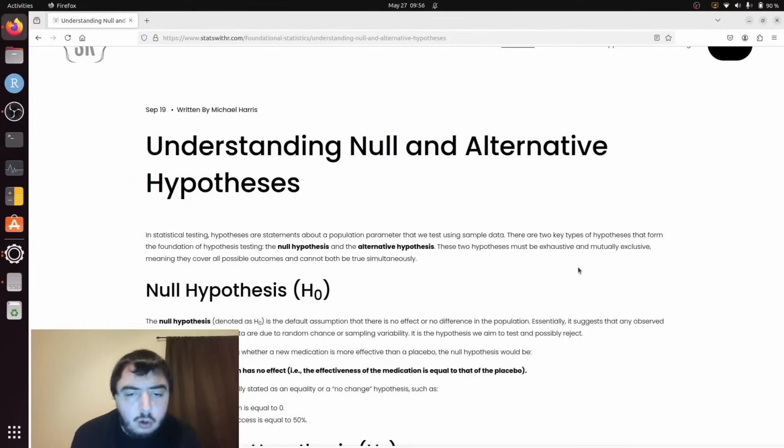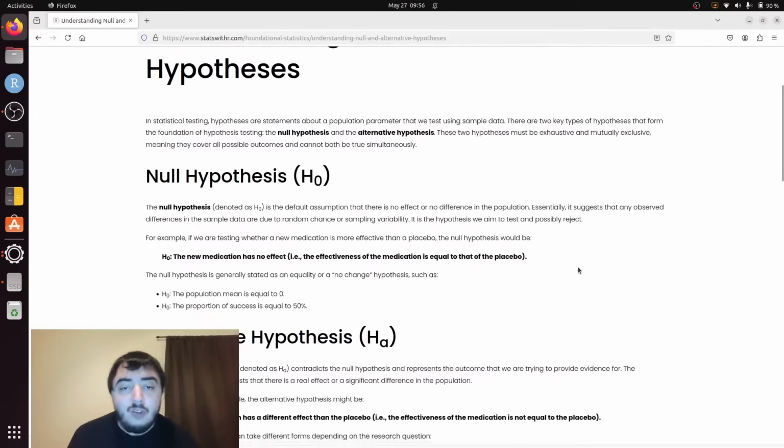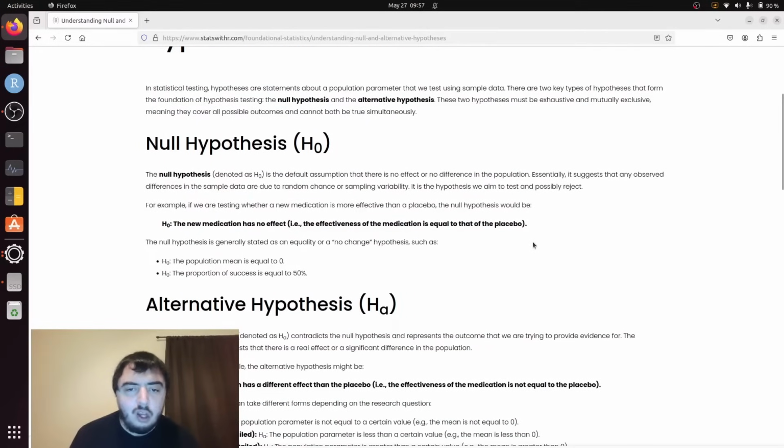No difference, or the data in the case of a one sample t-test is equal to some value, which would also be saying that the data minus that value is equal to 0. You could have moved the numbers around in your hypothesis, and it will be that type of deal. Okay, so we say no effect. That's the null hypothesis most often.